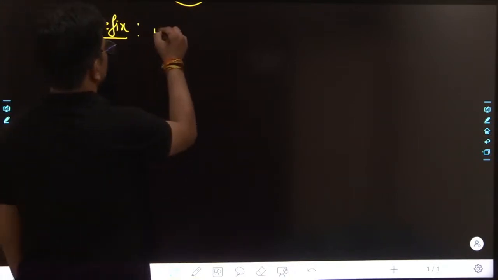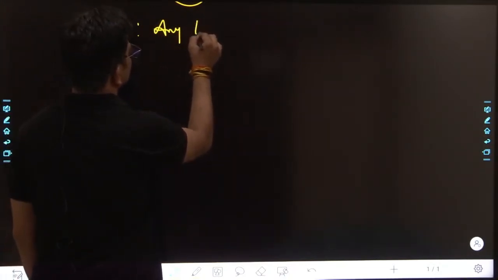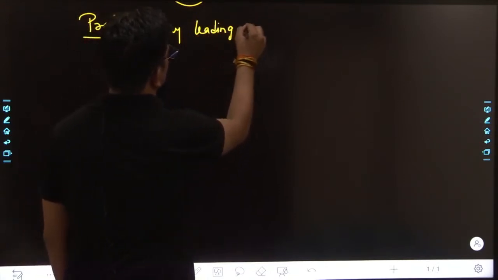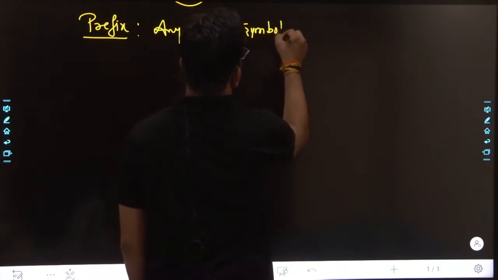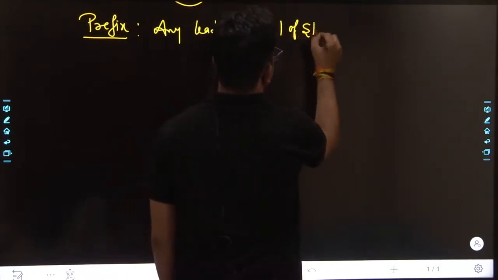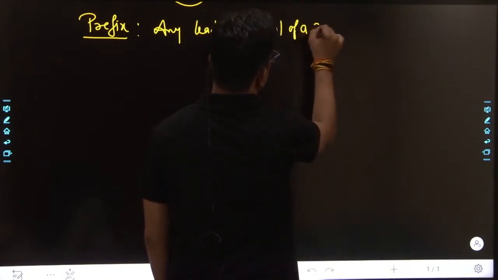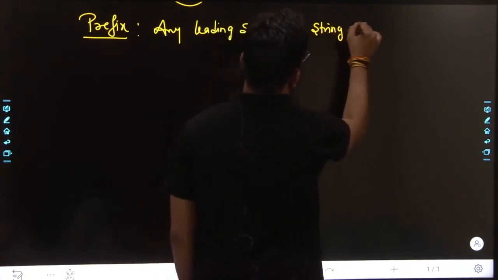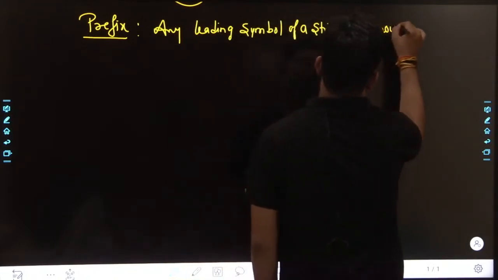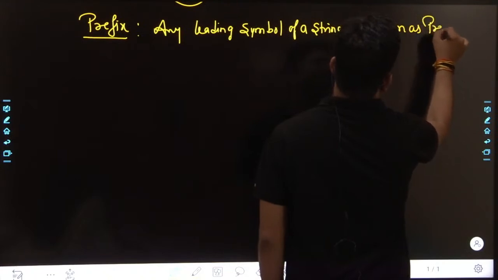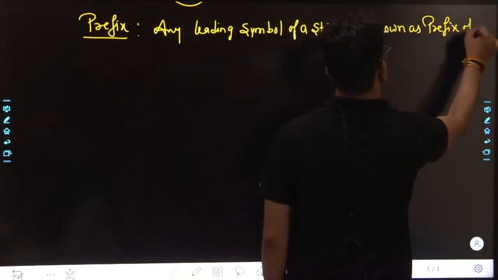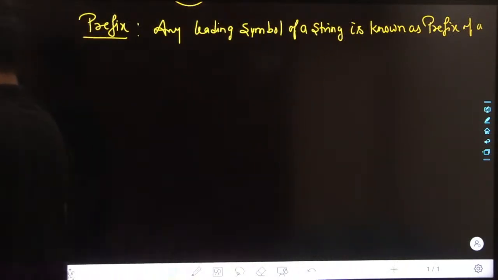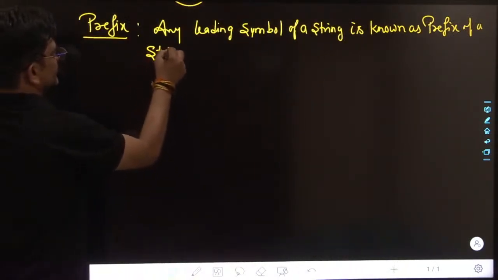Any leading symbols of a string are known as prefixes of the string.